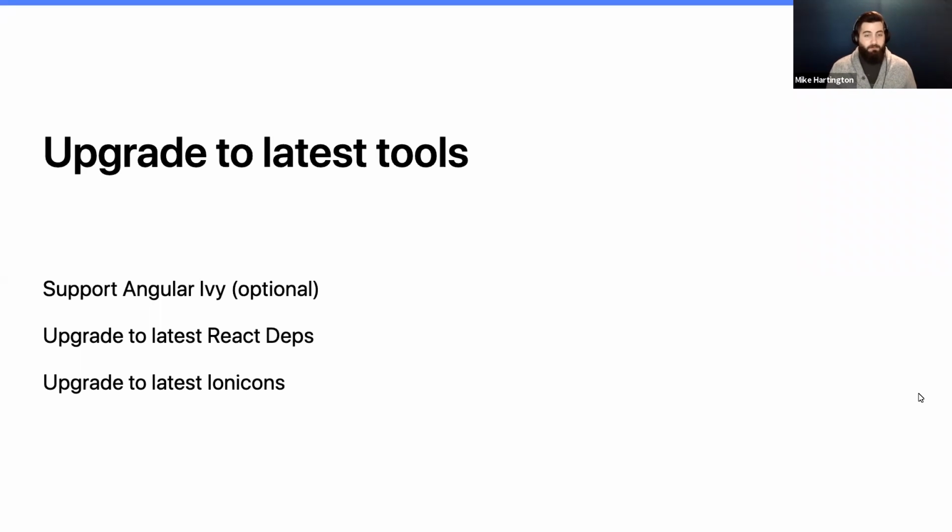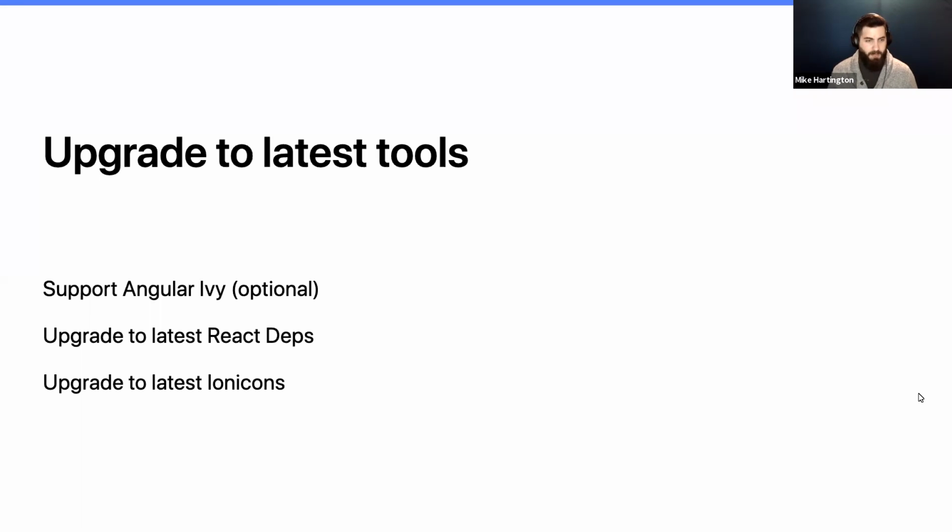For React projects, we updated to the latest version of React scripts, so getting all the new benefits, all the new testing utilities that are shipping with that release, you can just get those automatically for free. In fact, we have a great blog post from another one of my teammates, Eli, on how to test Ionic components in React.